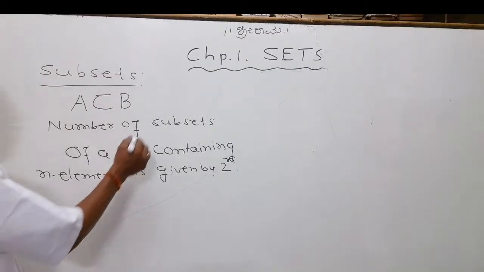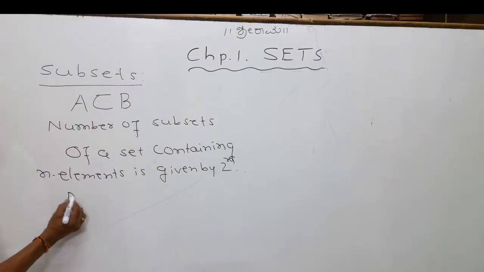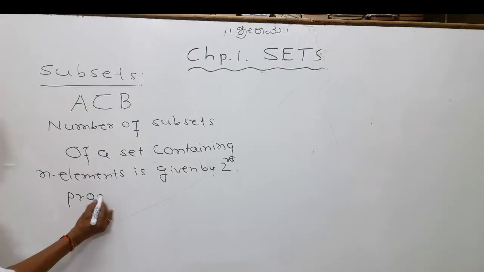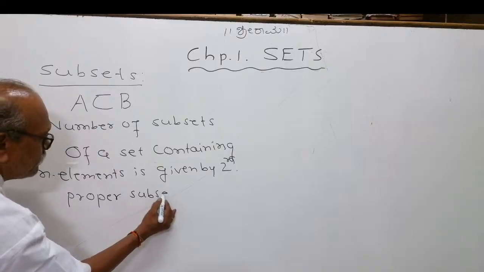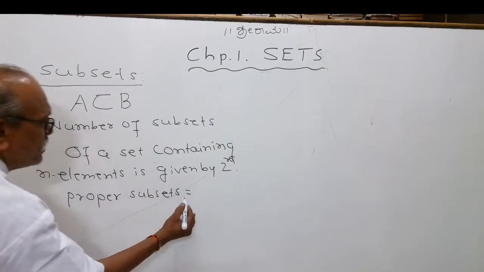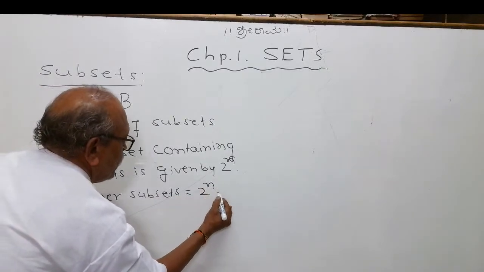The number of proper subsets, if it is asked, is given by 2 raised to n minus 2.